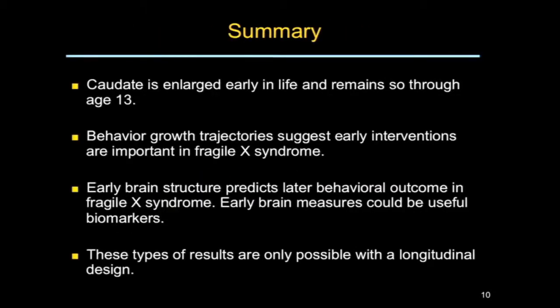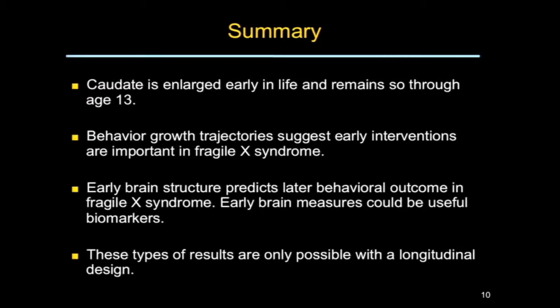So just to briefly summarize, the caudate is enlarged early in life and remains so through age 13. Behavior growth trajectories suggested that early interventions are very important in Fragile X syndrome, especially for later behavioral outcome. Early brain structure significantly predicts later behavior outcome, and early brain measures could be useful biomarkers.